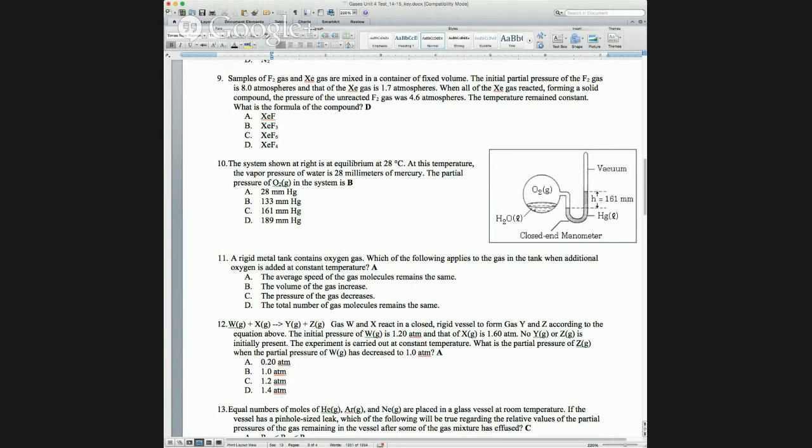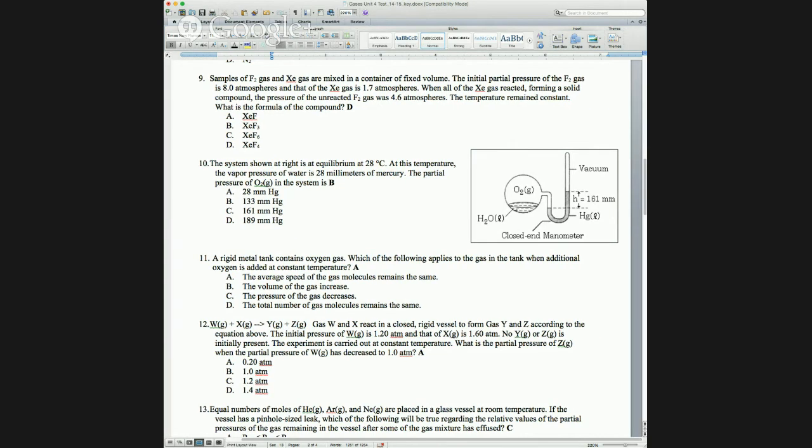Okay. So the total pressure inside of that bulb that's pushing down is a height of 161 millimeters. So that's the total pressure. That means that 161 is combined of oxygen and water vapor. So what you had to do is take 28 from 161. 161 minus 28 is 133.